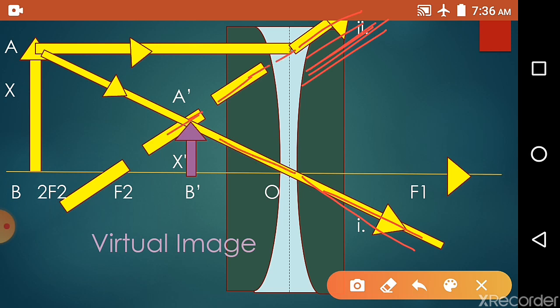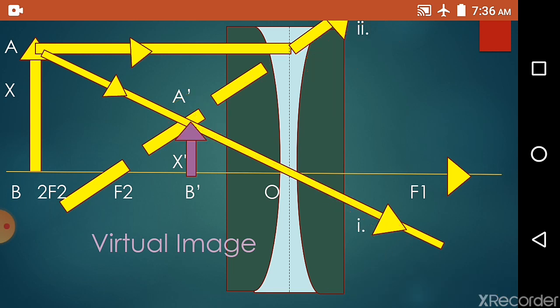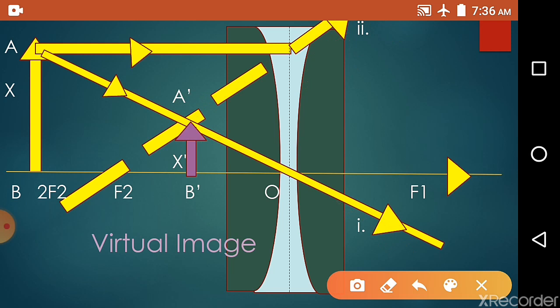Here we have the common point, and both rays appear to come from a single common point, and that point is the image of the object point which we took, that is, the point initially sending the light rays.